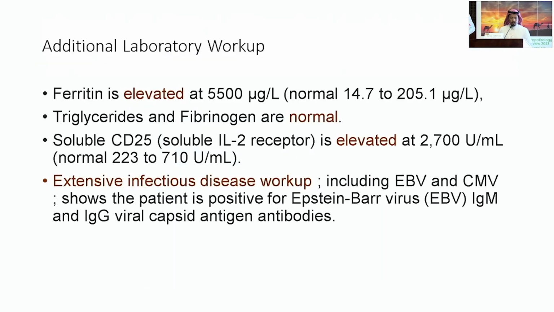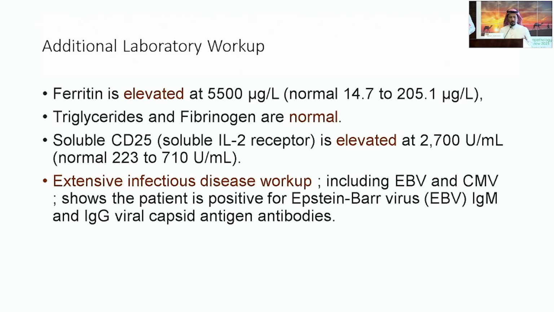At that stage, they proceeded to have more investigation and workup, starting by estimating the ferritin level, which was elevated. Triglyceride and fibrinogen were normal. They sent for soluble CD25, which was elevated.